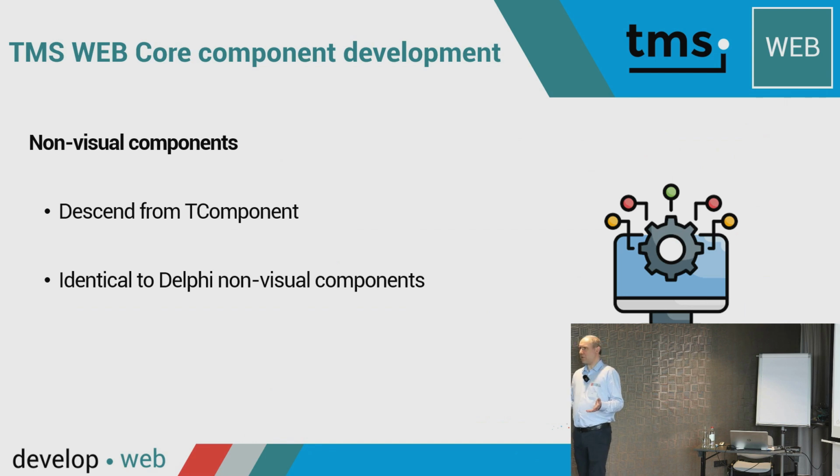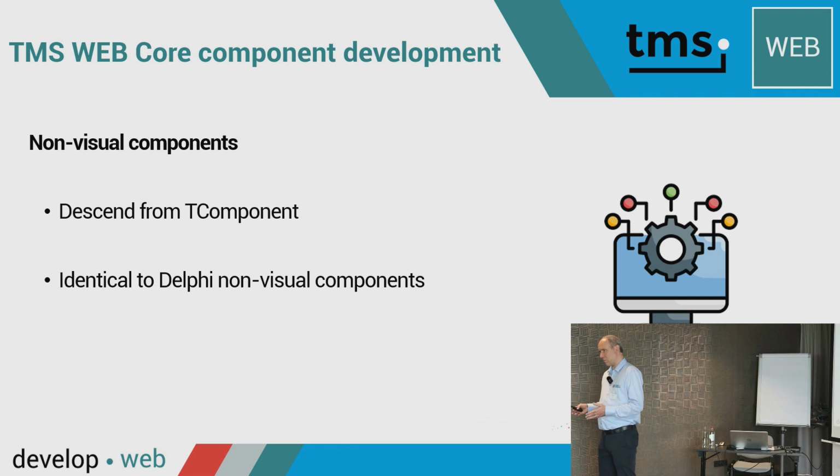So, first thing is, how would we create a non-visual component? Well, the good news is it's exactly the same way as you would do in a VCL framework or a FireMonkey framework. There is the T component class. You simply descend from T component.